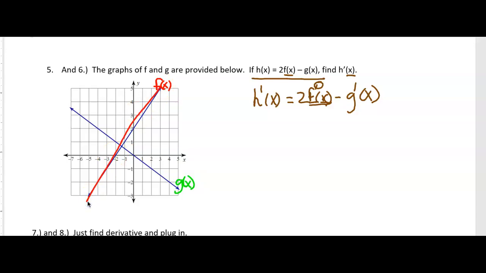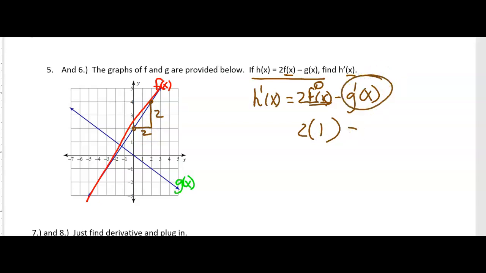So it doesn't matter what point you pick. So basically what they want there is they just want the slope of f. So in this case, the slope of this line, just pick 2 points, and you can either use the slope formula or you could do the rise and run method that I like to do. But either way, you should end up with a slope of 1.